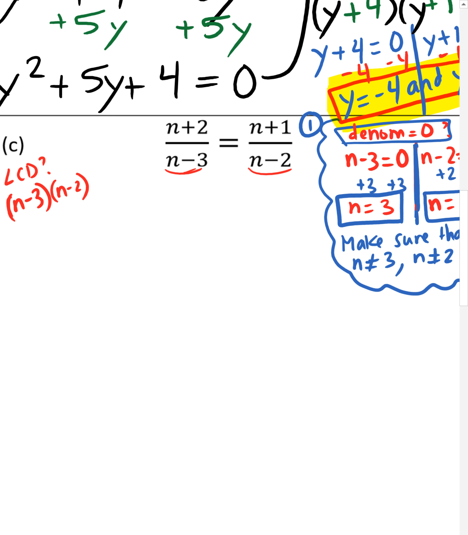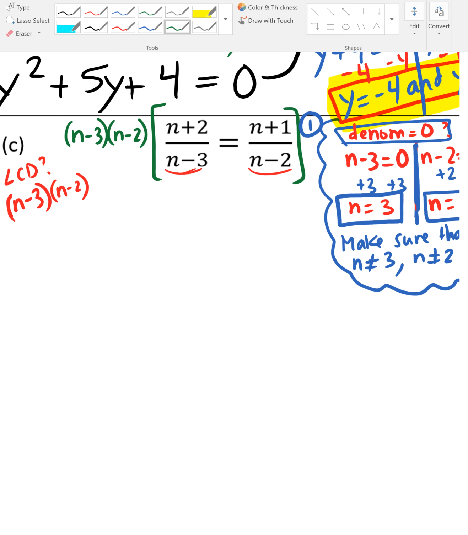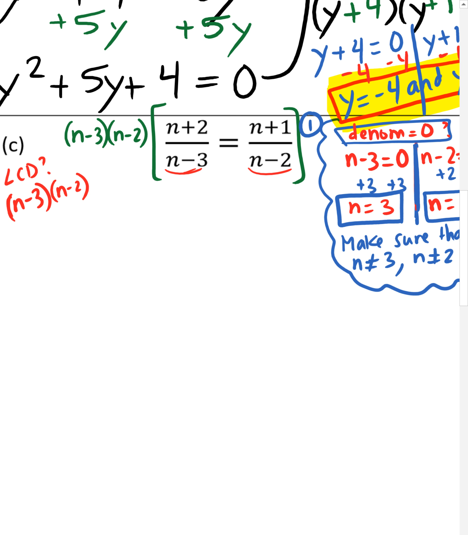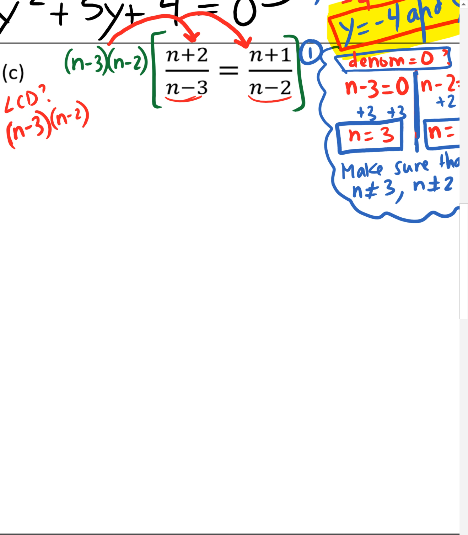Now the next step is to multiply that on both sides. That's the whole point of finding the LCD: you multiply the whole equation by it, and it should cancel all the denominators. So I'm taking that big LCD, n minus 3, n minus 2, multiplying it by the fraction on the left and the fraction on the right. That should be interesting, but I'm going to be careful.